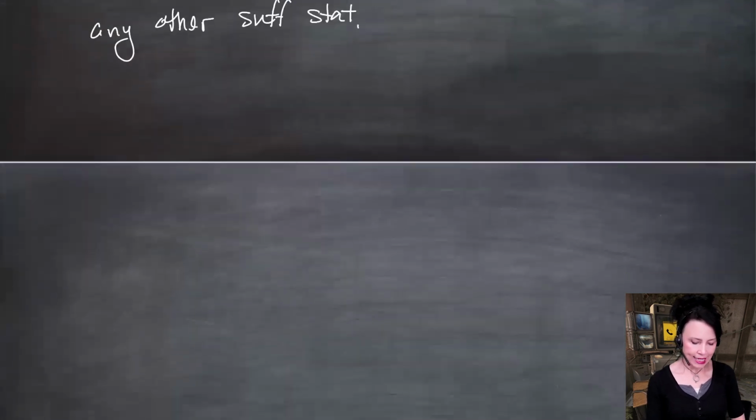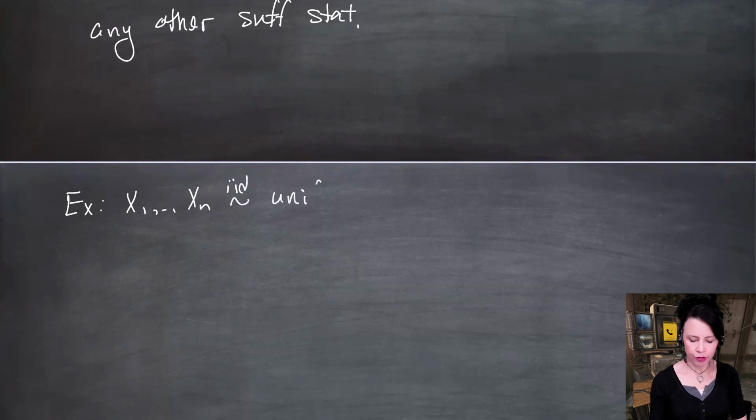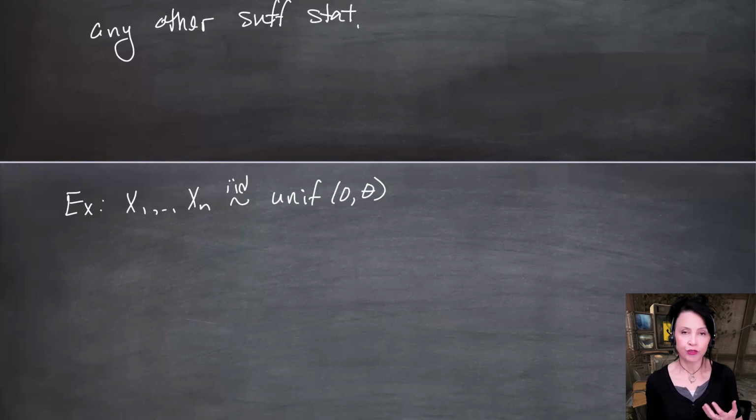Okay, so as an example, and this is going to be a real quick example. If we have x1 through xn, IID, uniform 0 theta, we do not have an exponential family factorization here. So if you want to find a minimally sufficient statistic, you could do that sort of directly.